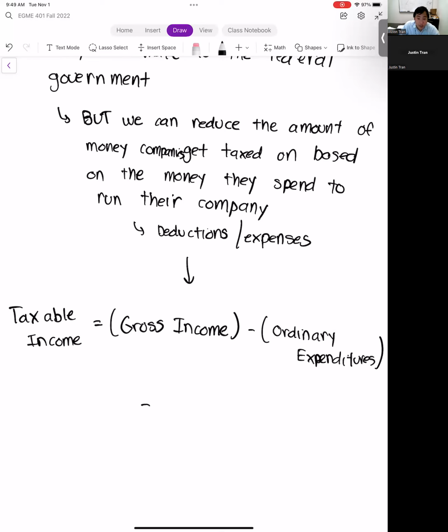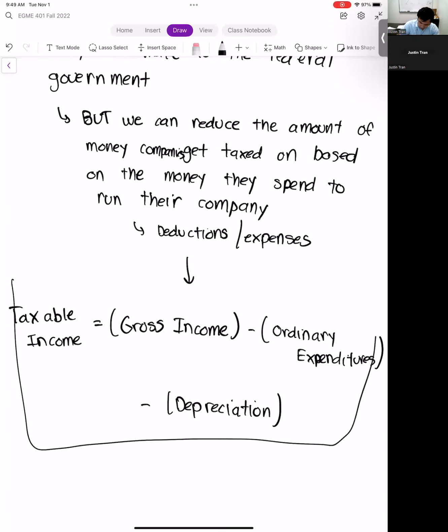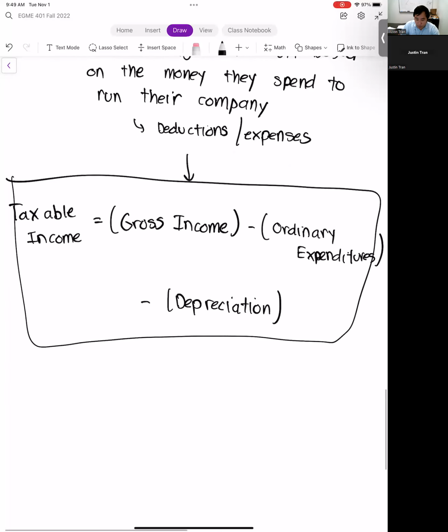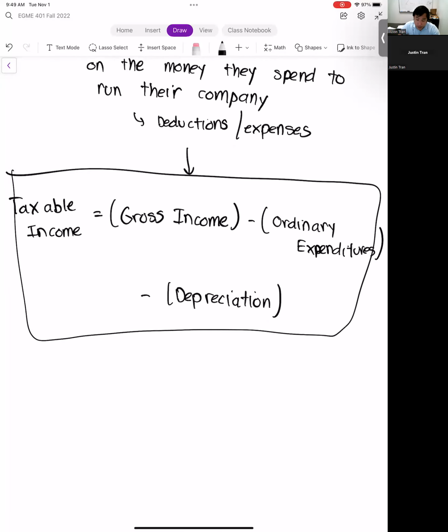And then you're also going to subtract the depreciation charges. And depreciation, as you probably know, is the amount of value that you're going to lose from your large equipment or large assets each year. That's what we spend the bulk of our time computing in this unit.